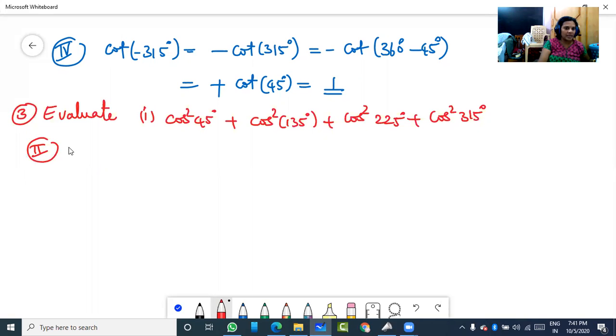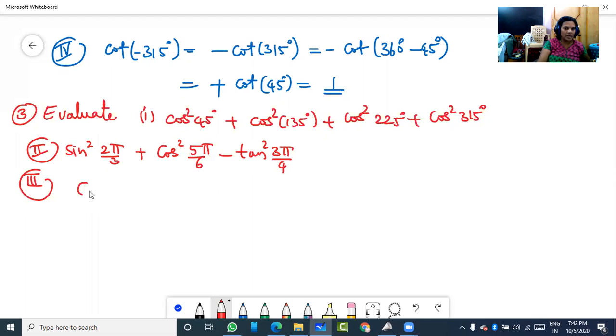Second one is sin square 2 pi by 3 plus cos square 5 pi by 6 minus tan square 3 pi by 4. Third one, cos of 225 degrees minus sine of 225 degrees plus tan of 495 degrees minus cot of 495 degrees.